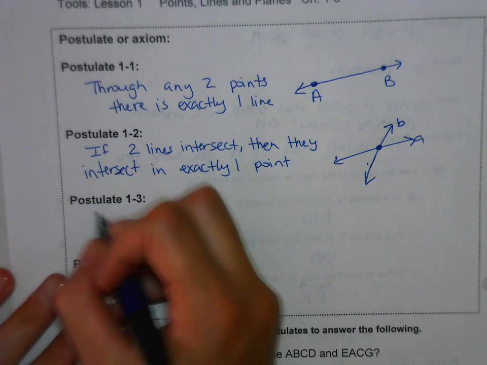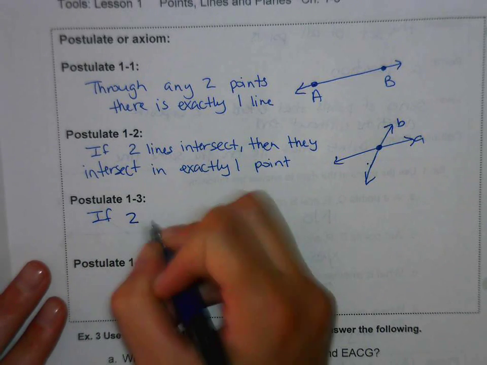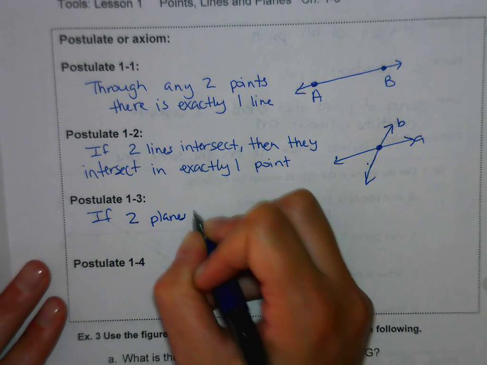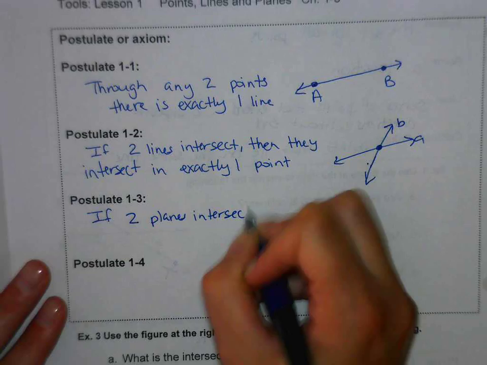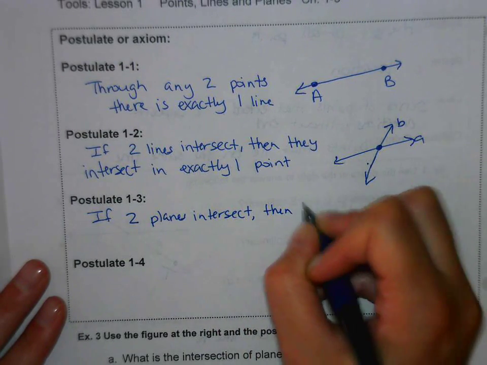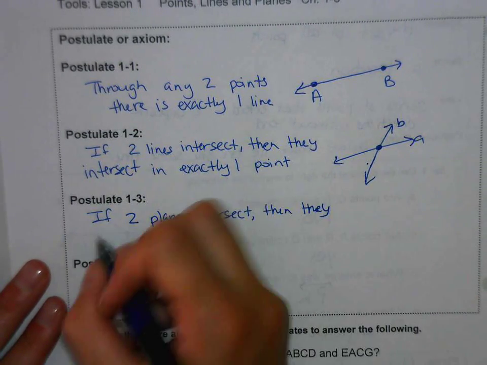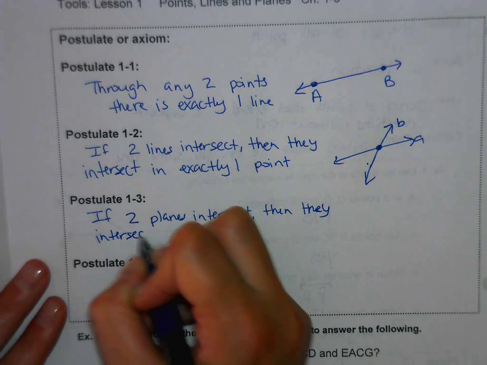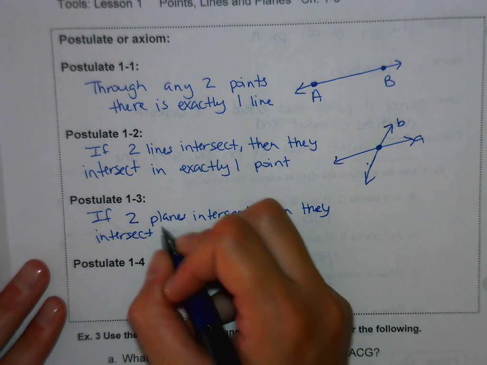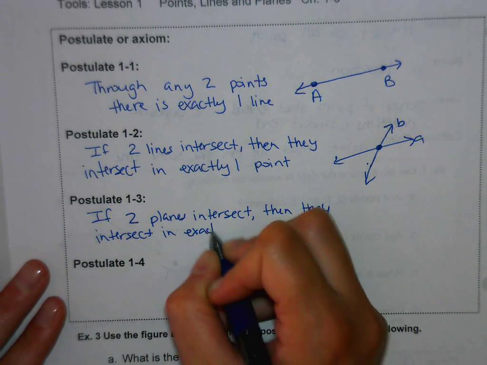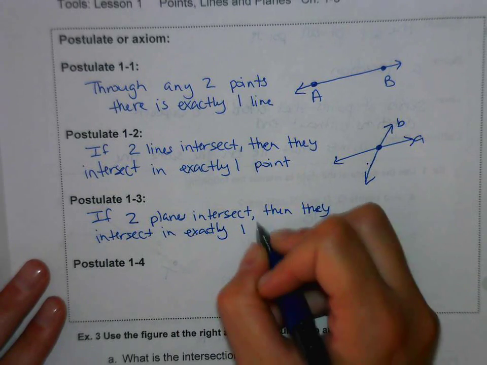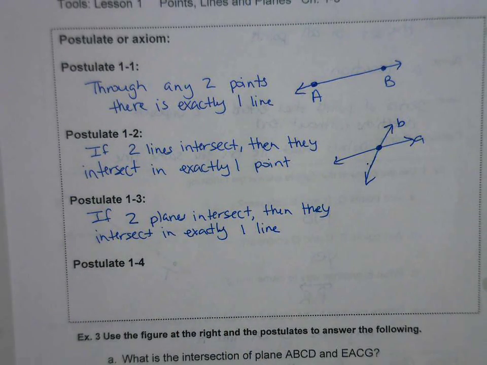Postulate 1.3: if 2 planes intersect, then they intersect in exactly 1 line.